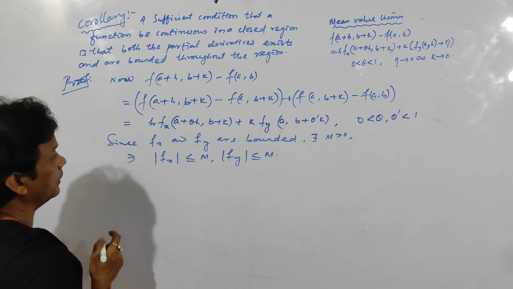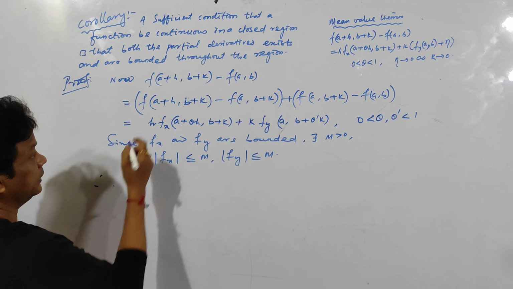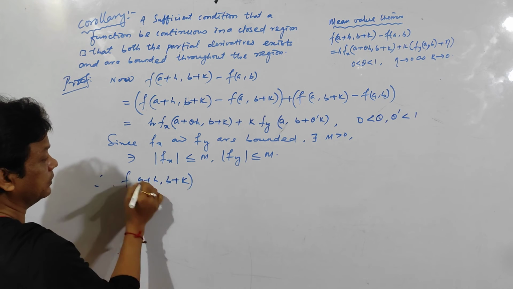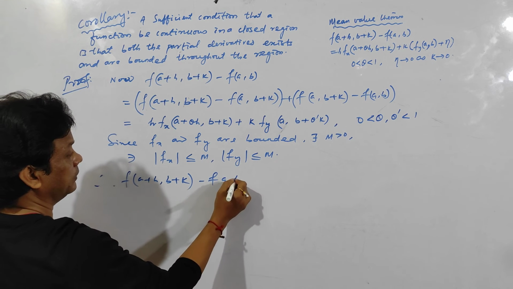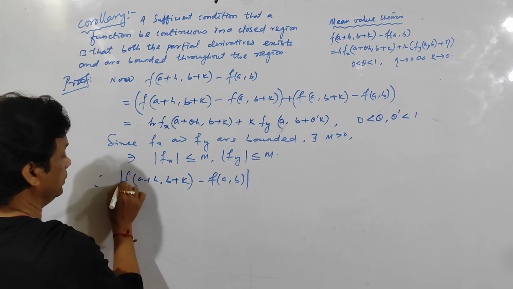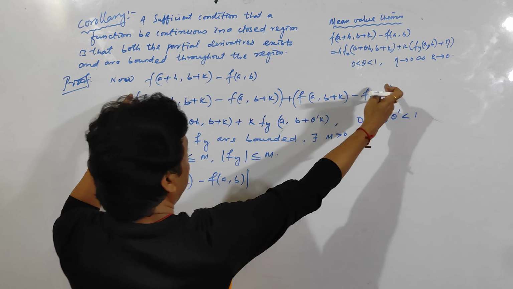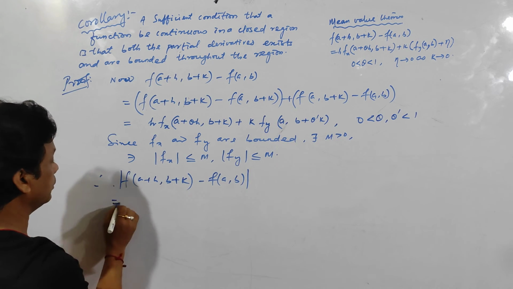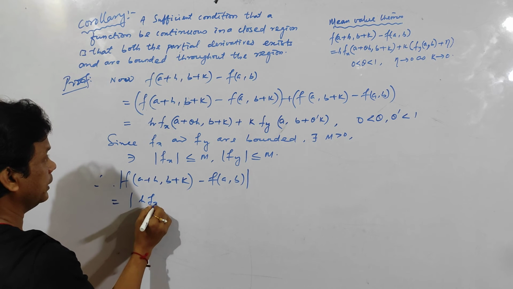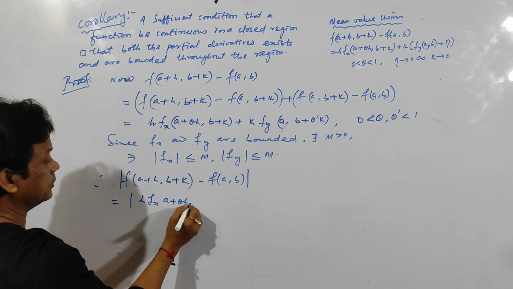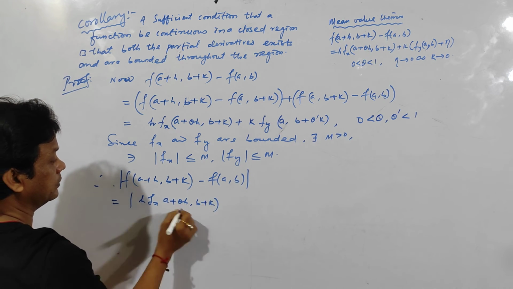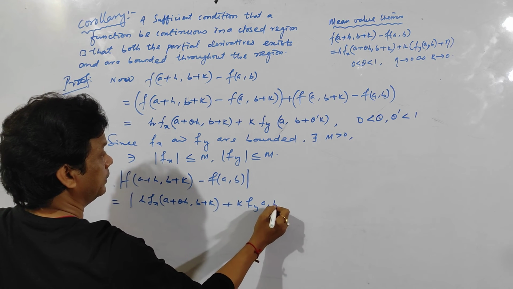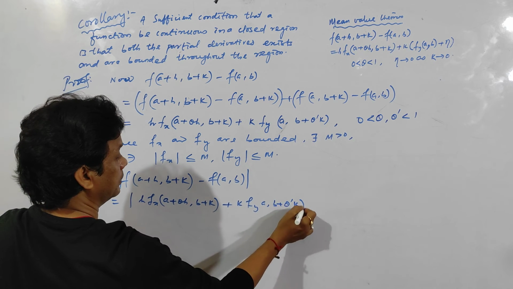Clear? Therefore, take the mod of f of a plus h, b plus k minus f of a b. Its mod is equal to the mod of h into fx at a plus theta h comma b plus k, plus k into fy at a comma b plus theta dash k.